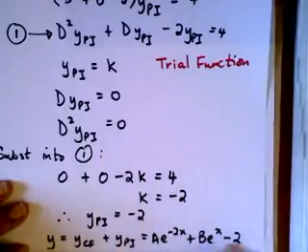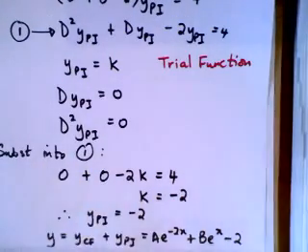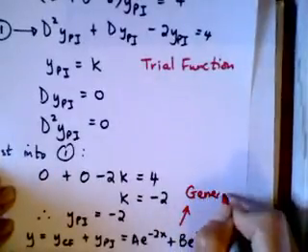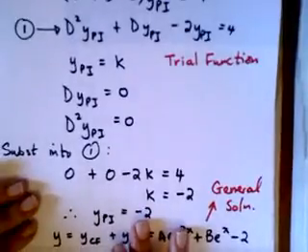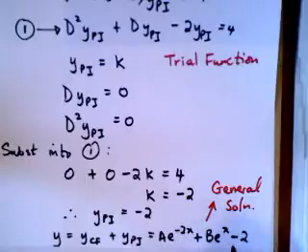Right? And that would be the general solution for this particular problem. If you were now given initial conditions, you could then go ahead and find your particular solution for the differential equation.